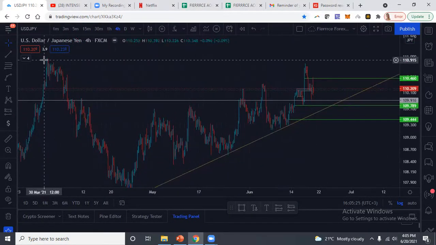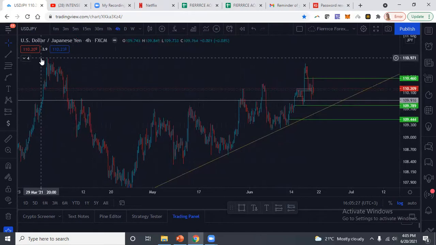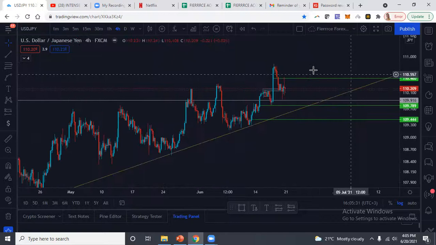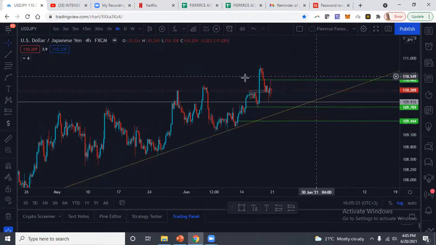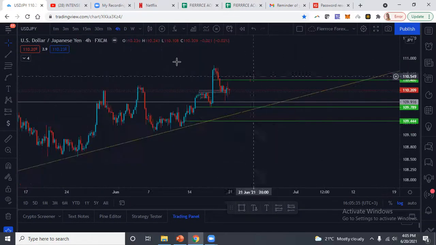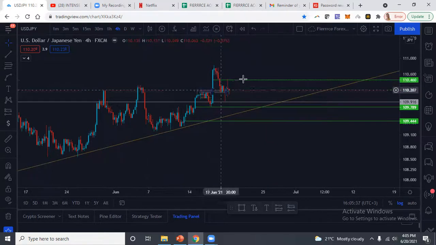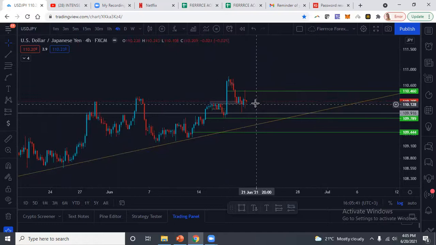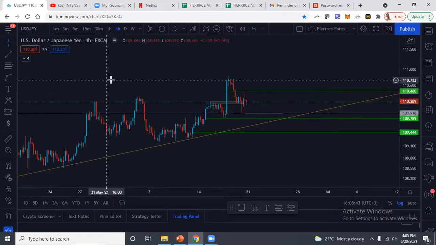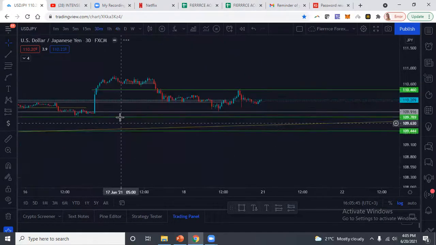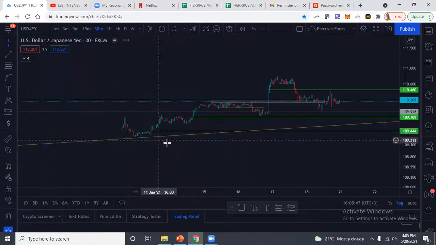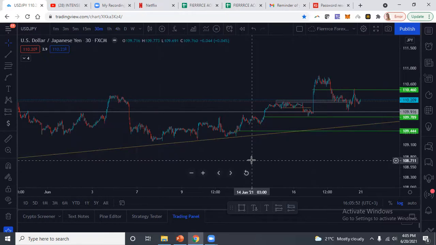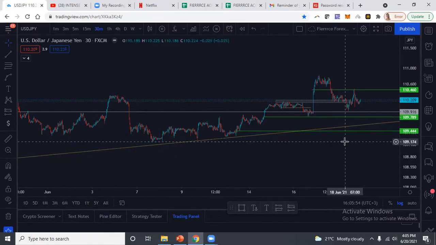But remember, we are on this key level of structure, so we may see some consistent follow up in terms of rejection to the upside. This candle here previously on the 4-hour is looking bearish, but we'll see what happens there. But I'm generally bullish on USD JPY. Okay, I'm still bullish on USD JPY.